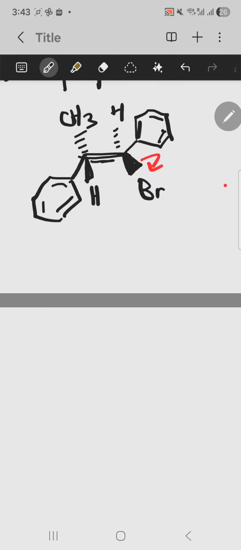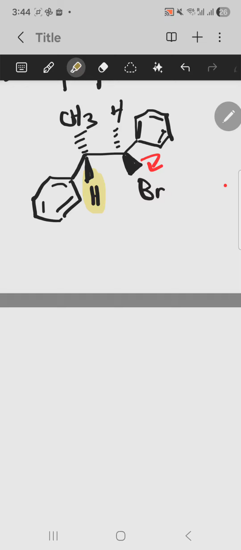So the double bond will be here, right? So bromine will leave, and then the proton will be attacked from this neighboring side. Okay, so the hydrogen that matters is clearly this one.